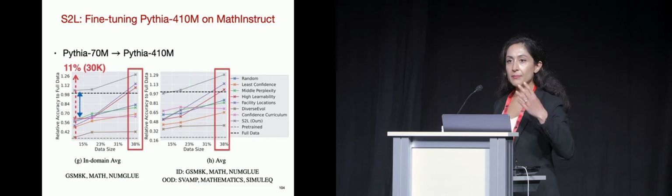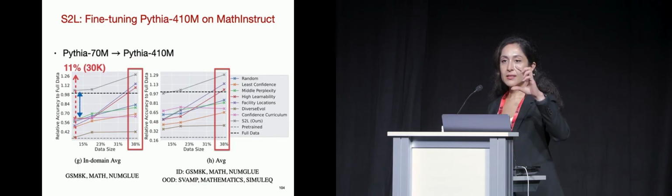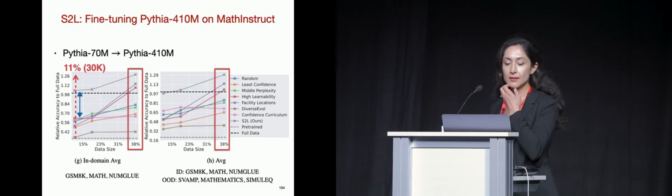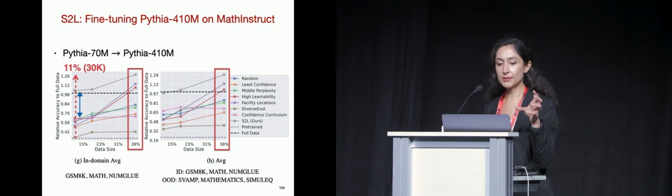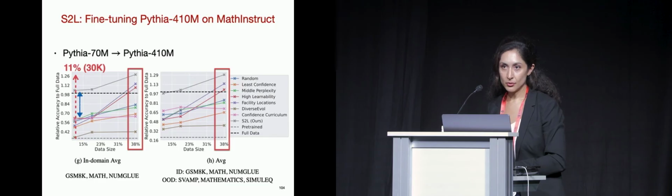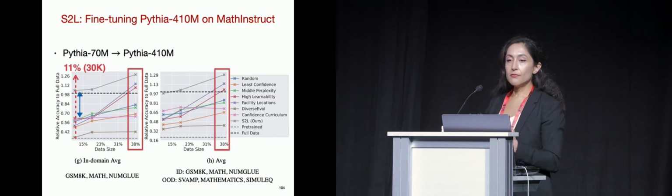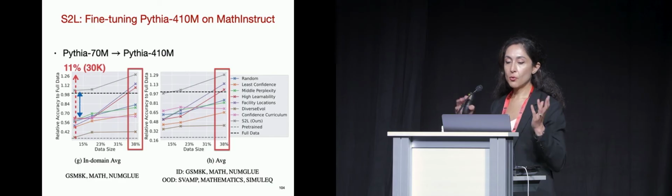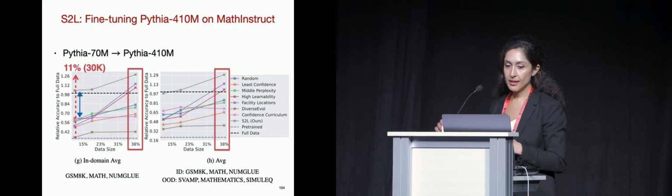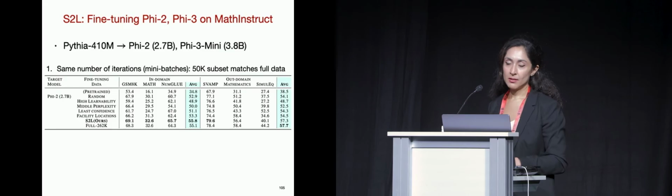There is a large gap early on, for the small subset sizes, between this method and the existing heuristic methods. And if we select larger subsets, both for in-domain and out-of-domain, we can do much better than fine-tuning on the full fine-tuning data, which is really nice, right?